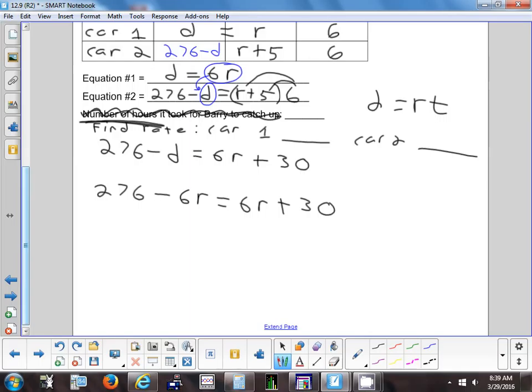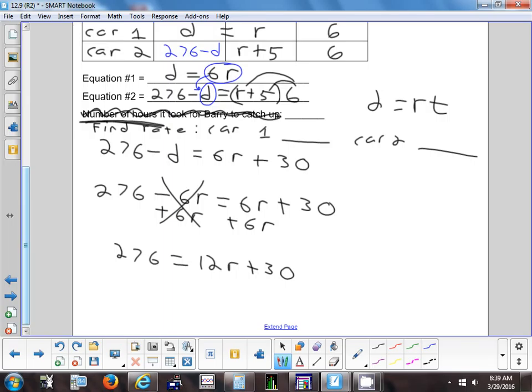Okay, how do I move this negative 6R to the other side? Yep, I add it. So how many R's on the right side? Yep, 12R plus 30. Somebody give me my second to last step.